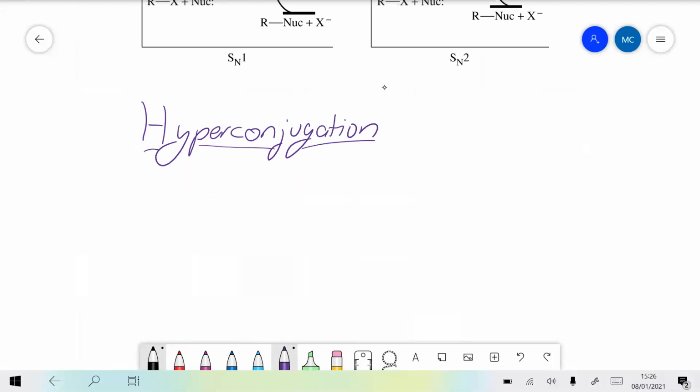Okay? Now, first things first. It makes sense to include it as an inductive effect at A level because it is simpler. And at A level, we don't want to introduce too many terms.